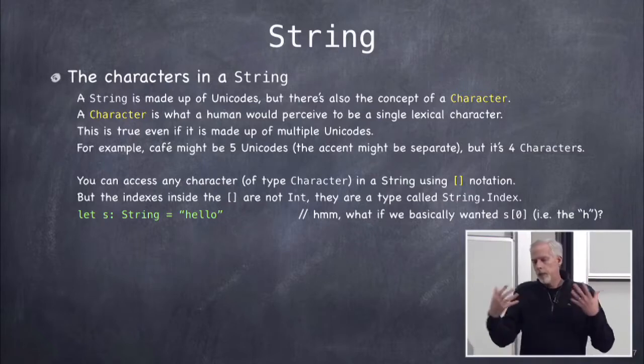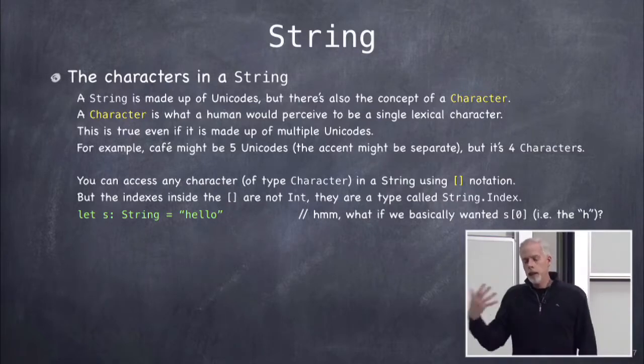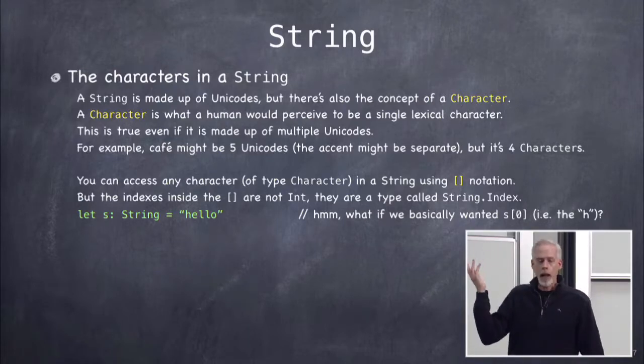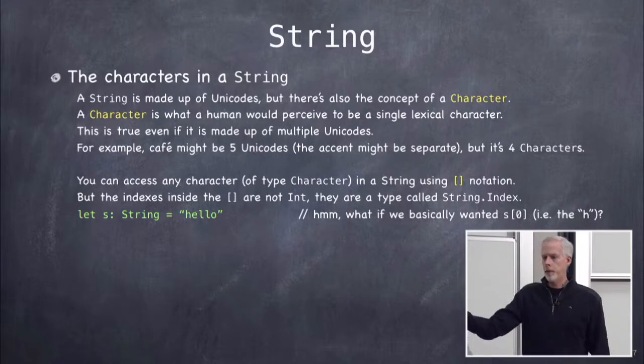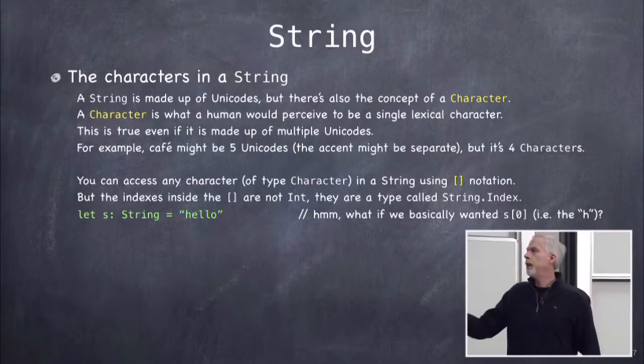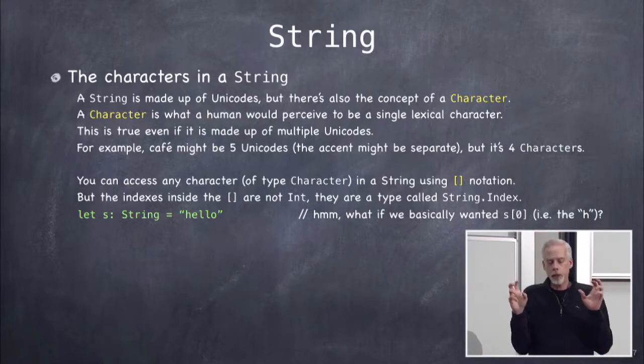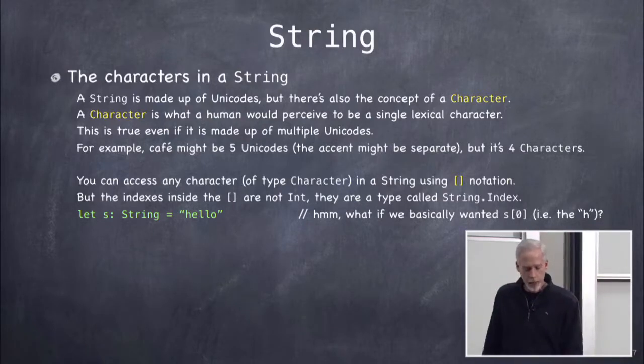Because that index behind the scenes can be quite complicated, there's this other struct for it, which is called a String.Index. So let's say I had a string, which I'm going to call S, and I'm going to put hello into there. Now, what if I wanted S sub 0, basically? I can't do S sub 0 because we don't index strings by integers, but let's say I want that. How do I get it?